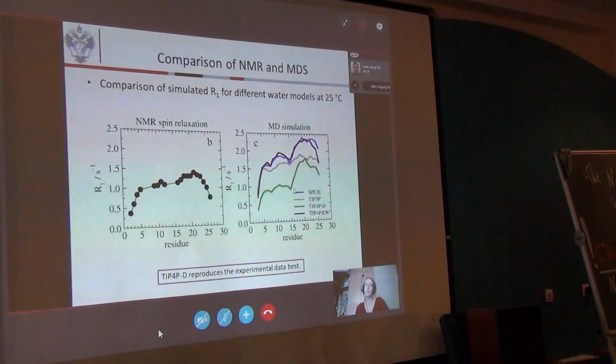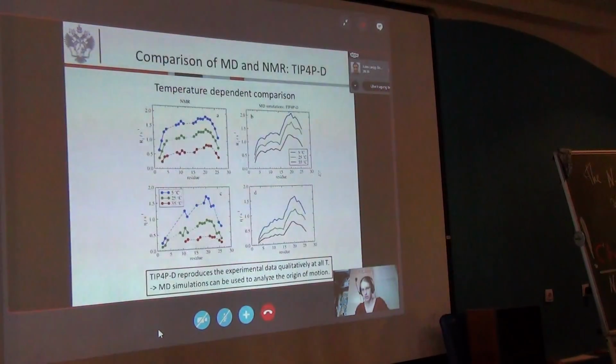Now we can compare the temperature dependence in NMR and in MD simulations with this water model, and this is done in the first line for the relaxation rate R1, and in the second line you see the cross-correlation rate.